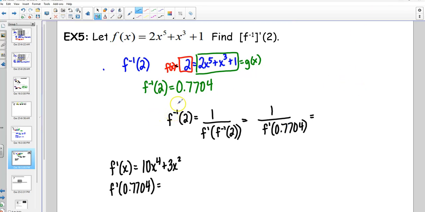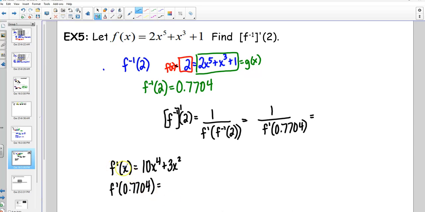I wrote this wrong. F inverse prime of 2 would be 1 over f prime of f inverse of 2. We found f inverse of 2. Here we got 0.7704. So now we need to find f prime of 0.7704.